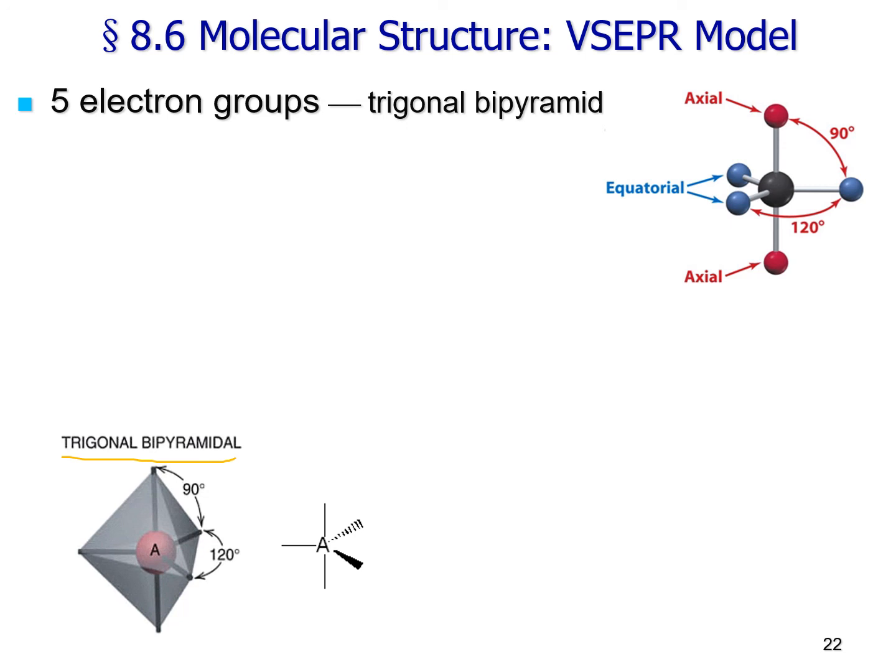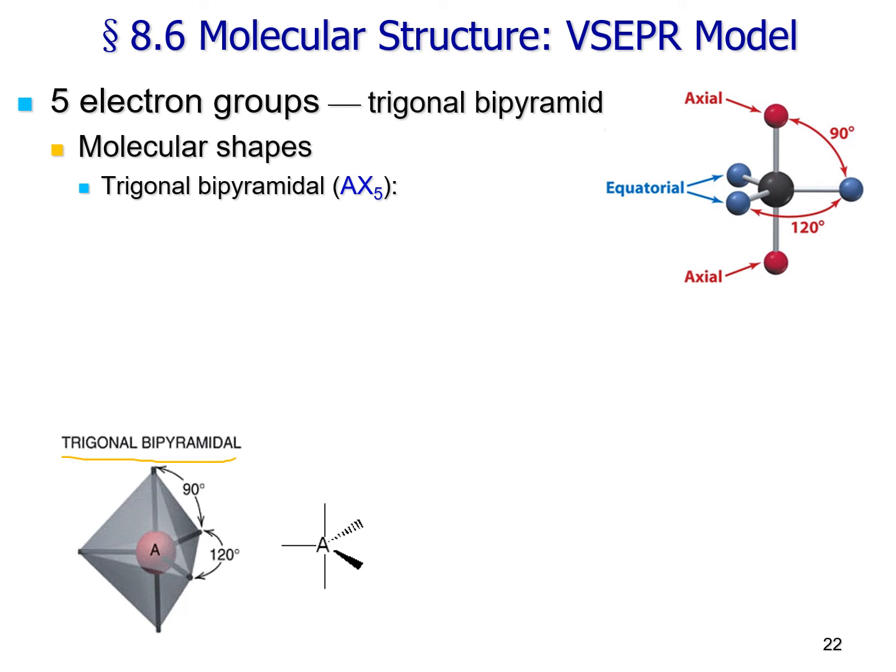And that will make a difference once we determine where we're going to put the lone pairs of electrons in this particular arrangement. All right, start with 5 terminal atoms. The molecular shape is going to be trigonal bipyramidal, just like this one.